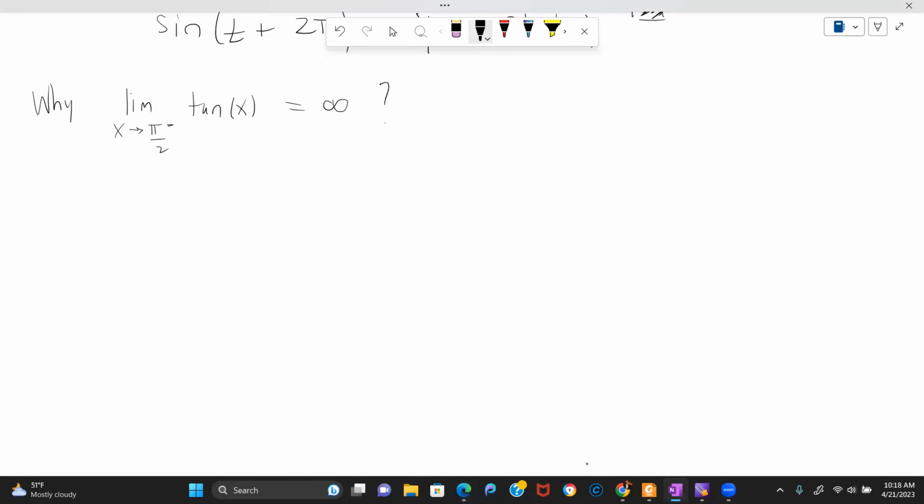We saw from the table, you can plug values into a calculator and see that as x gets closer to pi over 2, tangent of those values goes off to infinity. But we can see this without the table, by using the definition again: sine of x over cosine of x.